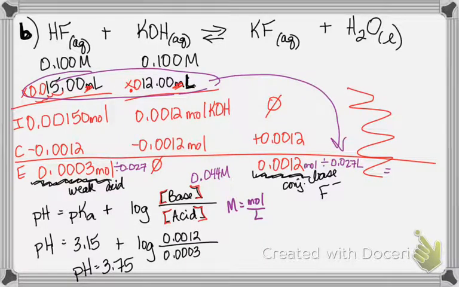So the molarity of the acid is really 0.011. And if you did the calculations with those numbers, you get the same answer because of math, because you've divided them both by the same number. But we still get 3.75.